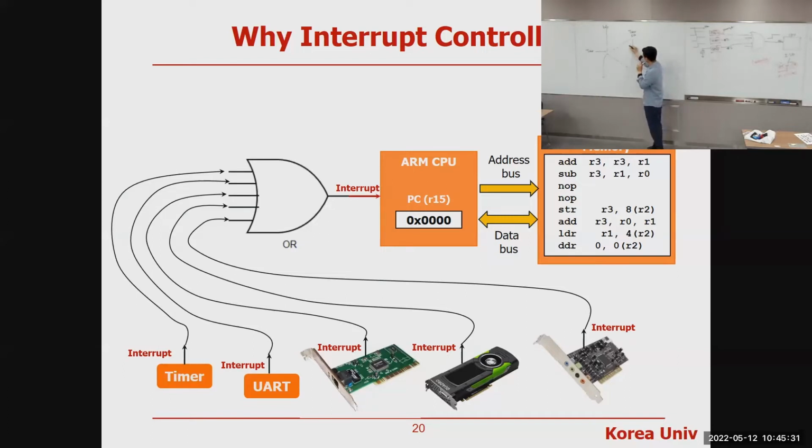So let's say you write CPS, change processor state, interrupt enable. Even so, when you're making the transition, the CPSR I bit is set to 1 by hardware. That means while processing, interrupts will be blocked.